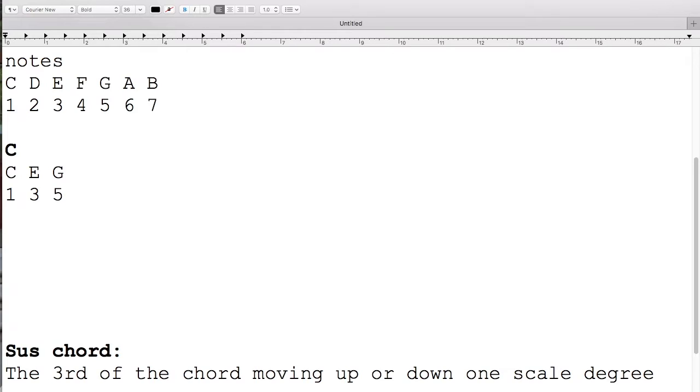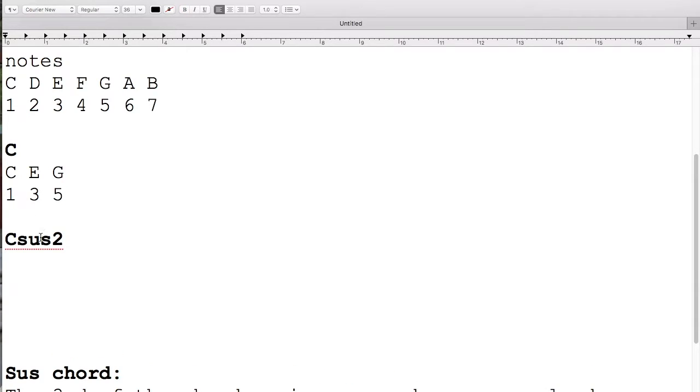If we have a sus2, it's going to move down. So we take our C, E, G, and the E is going to go down to the 2nd note in the scale, so that would be a D. So C sus2 would be C, D, and G. And if we look at it in a numbers-based system, 1, 2, and 5. Okay, so there's a sus2 chord.